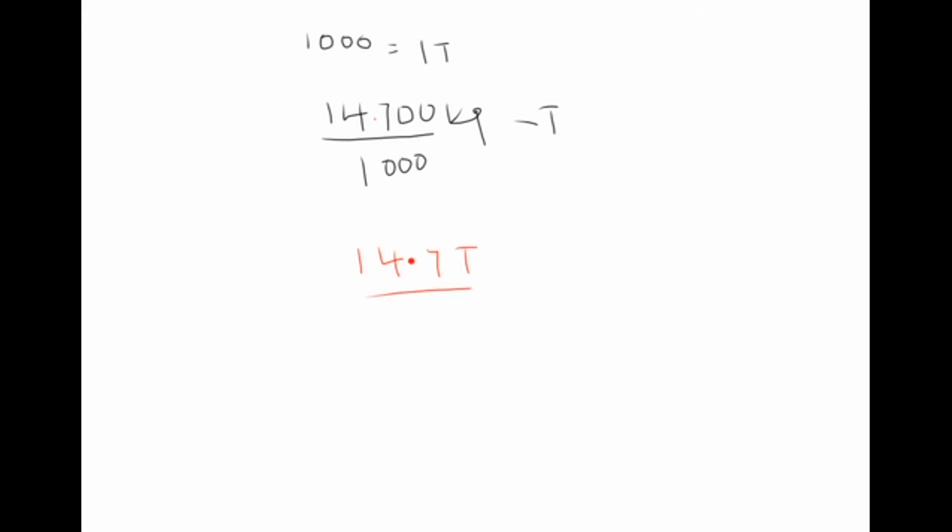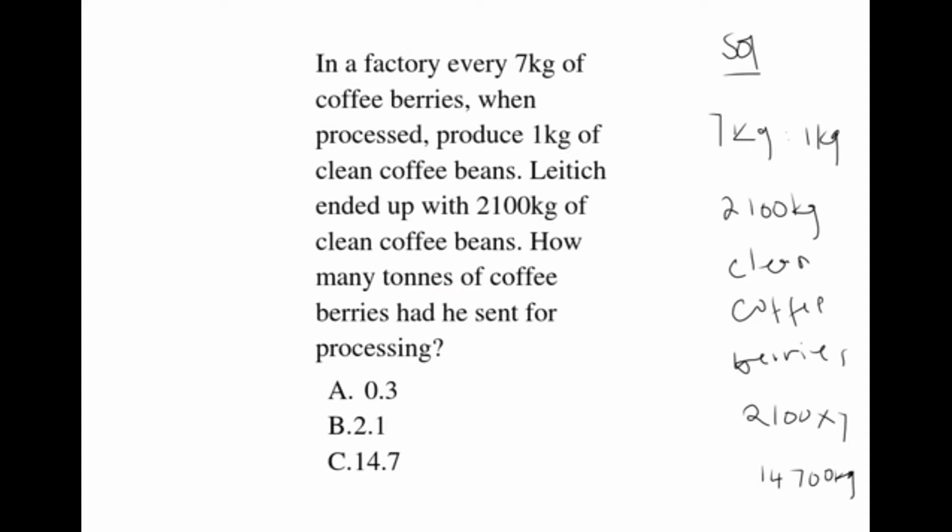When zeros appear beyond the decimal point, we don't count them. So the answer is 14.7 tons or 14.700 tons. Therefore, our correct choice is C.